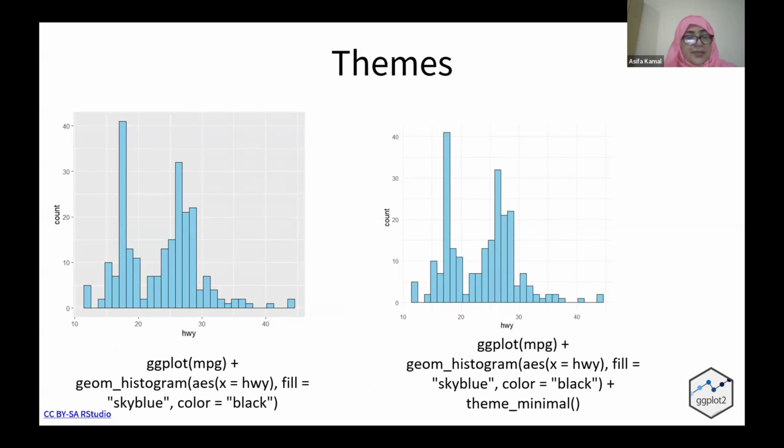We mention the variable highway mileage on the x-axis, and then map aesthetics again. Fill equal to sky blue means we want to fill the bars with the color sky blue, and color equal to black is used for the outline color.